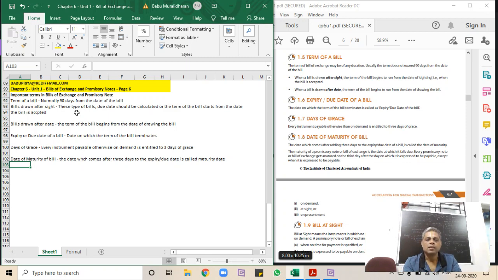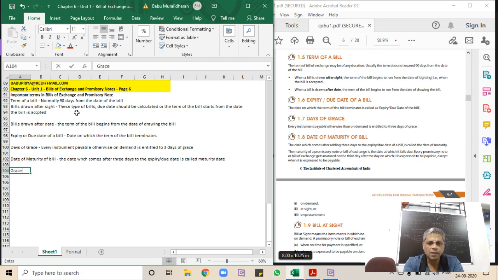Like a 90 days bill, however the bill says it should be paid on presentment, that is on demand or at sight. Then in these cases, this grace period will not come in, right?